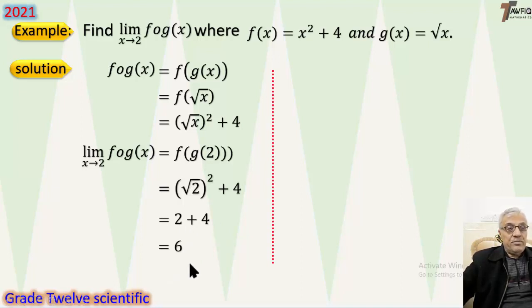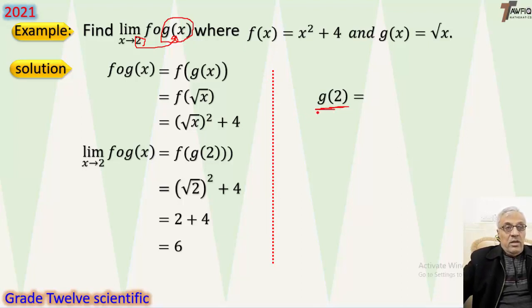We can do this in another way. Because we have g(x), replace 2 in g(x) and find g(2). Therefore, g(2), replacing 2 in place of x, becomes the square root of 2.